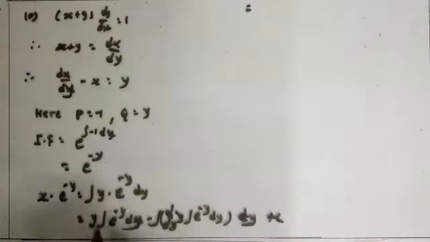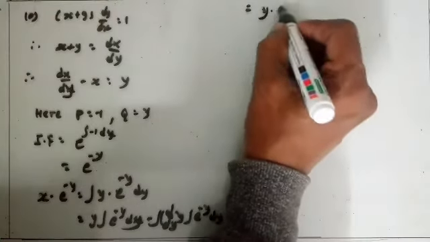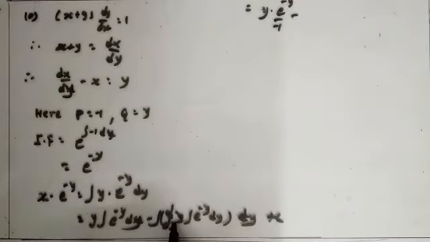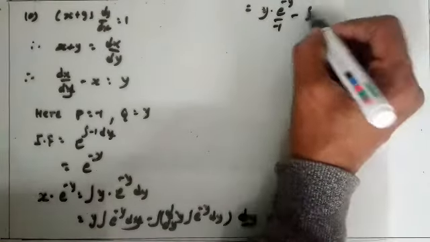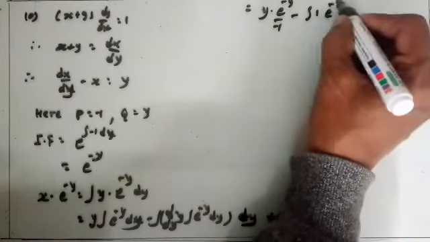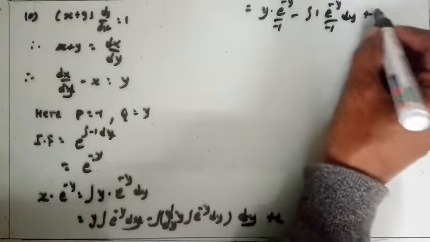So it is equal to y e^(-y)/(-1) minus the integration of e^(-y)/(-1) dy, plus c.